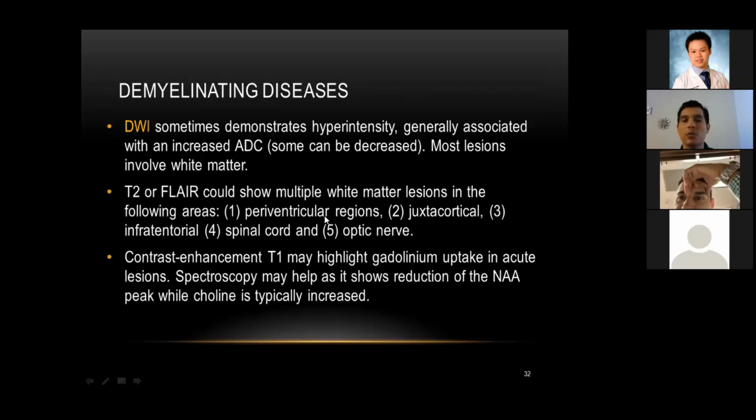In contrast enhancement, T1 will show gadolinium uptake if it is acute. Spectroscopy may help if you see a reduction of NAA and an increase of choline, but in this case it is because of pro-inflammatory cells in the region.